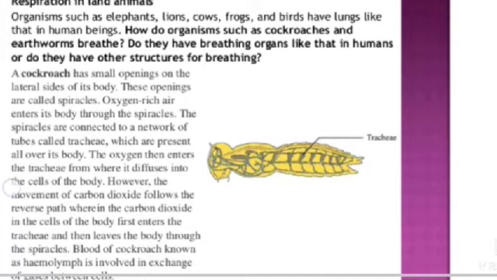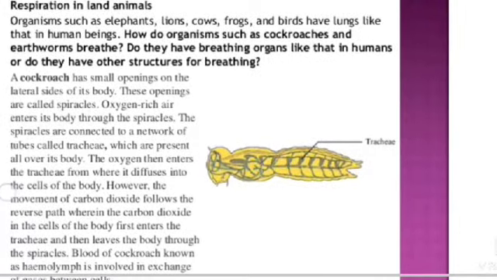How do organisms such as cockroaches and earthworms breathe? Do they have breathing organs like those in humans, or do they have other surfaces for breathing?